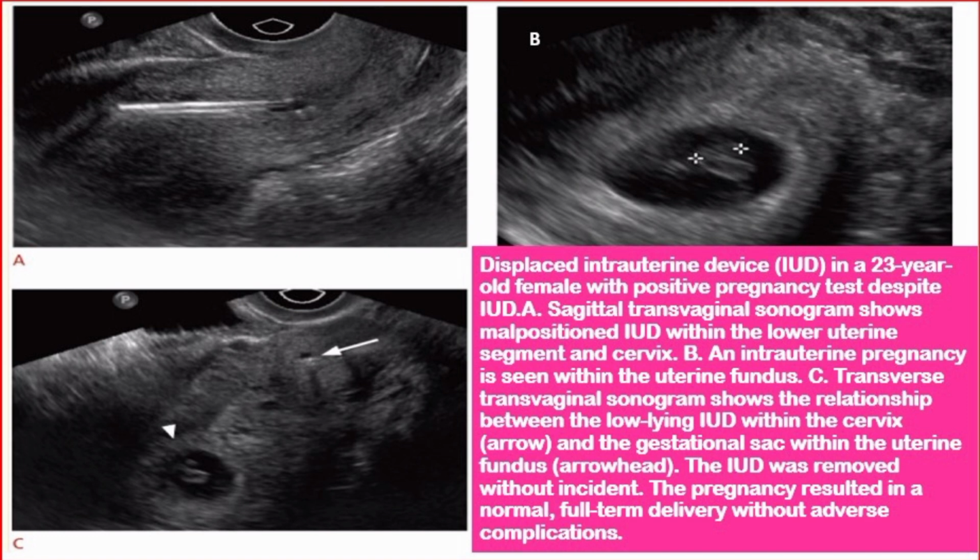C, transverse transvaginal sonogram shows the relationship between the low-lying IUD within the cervix and the gestational sac within the uterine fundus. The intrauterine device was removed without incident. The pregnancy resulted in a normal, full-term delivery without adverse complications.